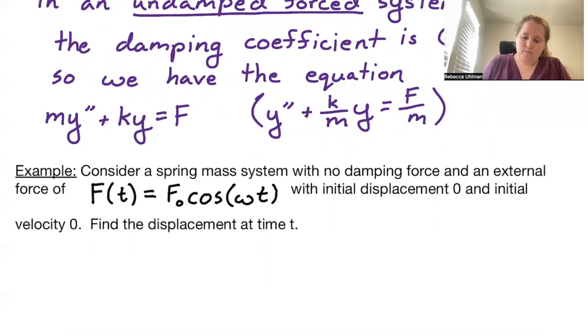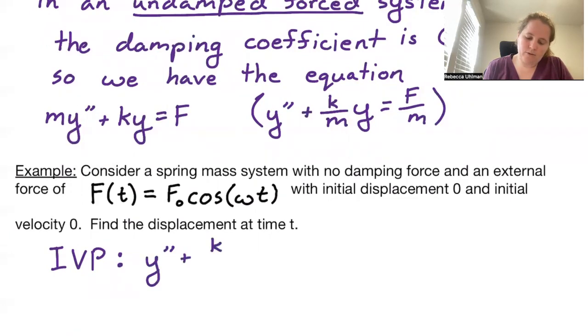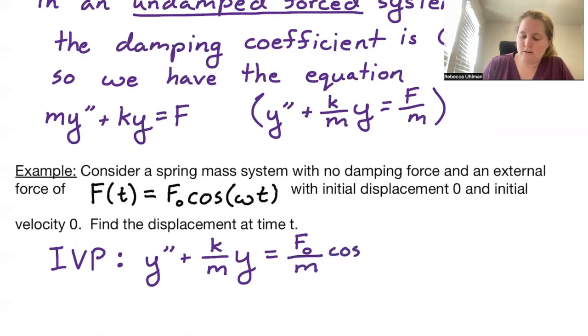So our IVP: we are looking at y double prime plus k over m times y is equal to F naught over m times cosine of omega t.